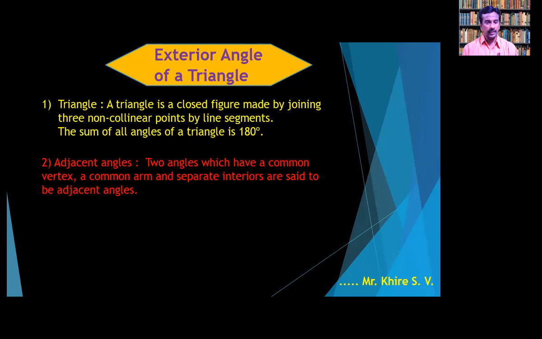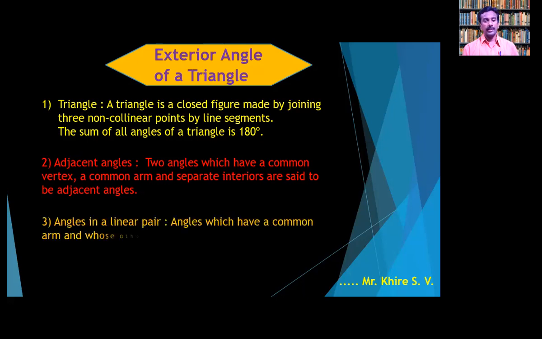Second is adjacent angles. Two angles which have a common vertex, a common arm, and separate interiors are called adjacent angles. Third is angles in a linear pair.